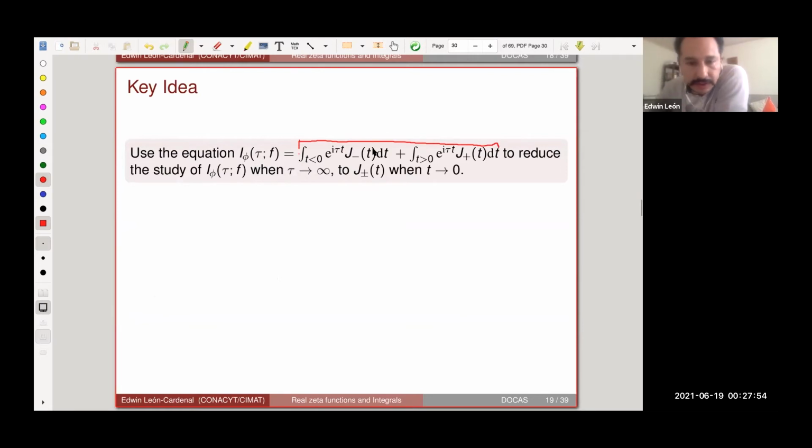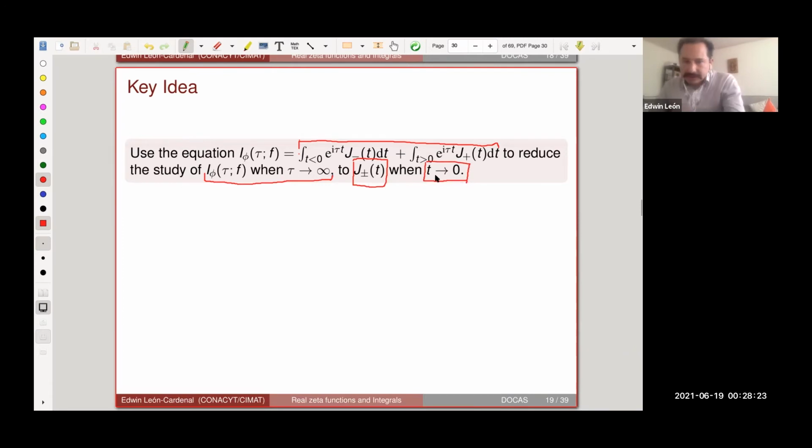So you have these functions g minus and g plus. The idea is to reduce the study of these asymptotics to the study of the asymptotics of these functions, but the asymptotics of these functions is when the parameter t goes to 0, okay?